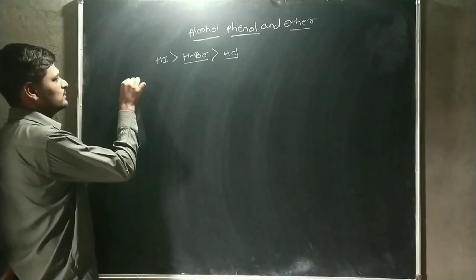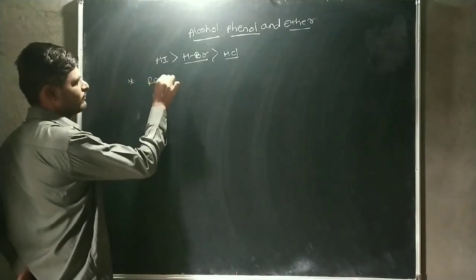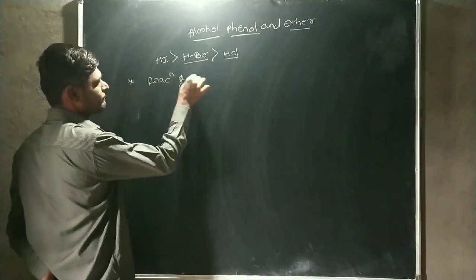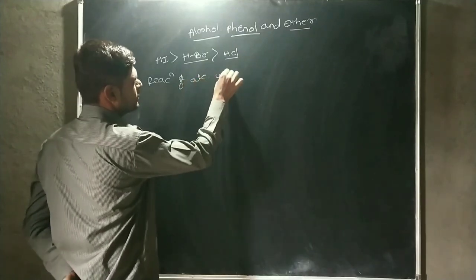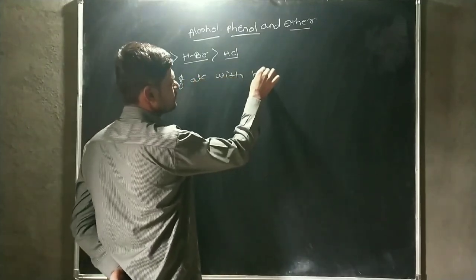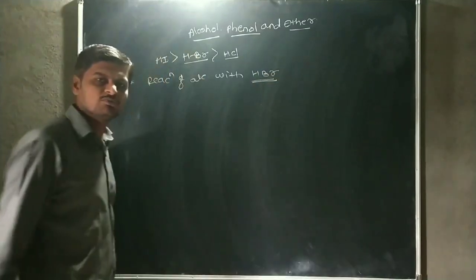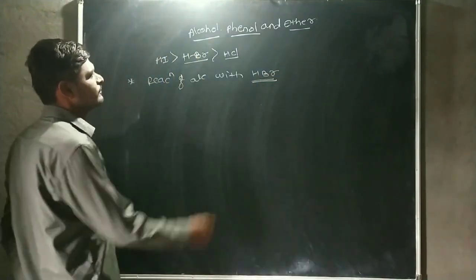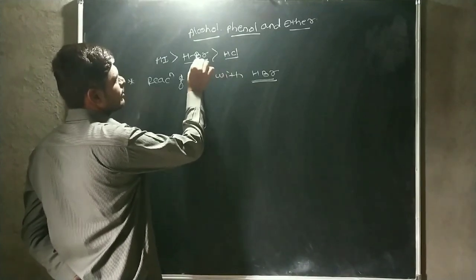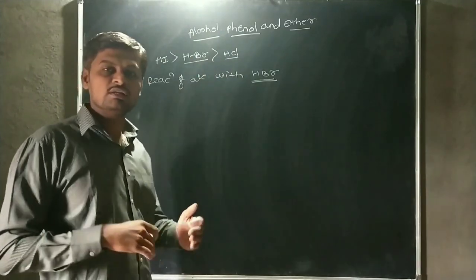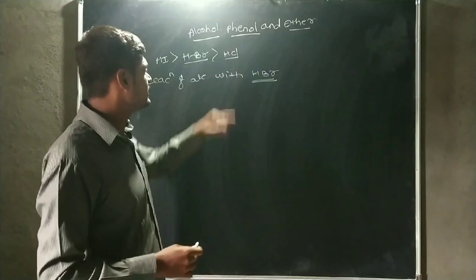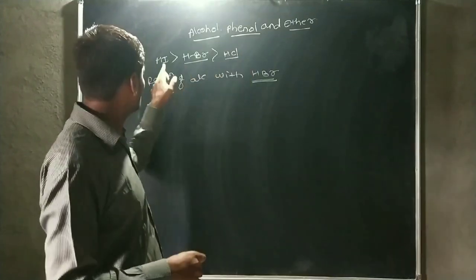The next point is the reaction of alcohol with HBr. In this reaction, the reactivity of HBr is higher than HCl and lower than HI.